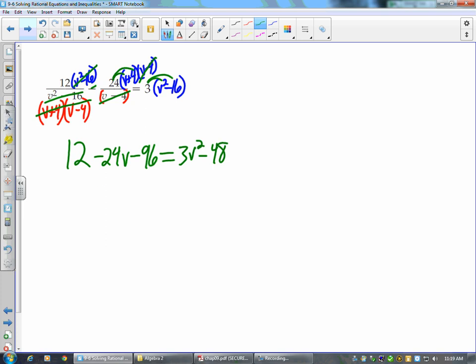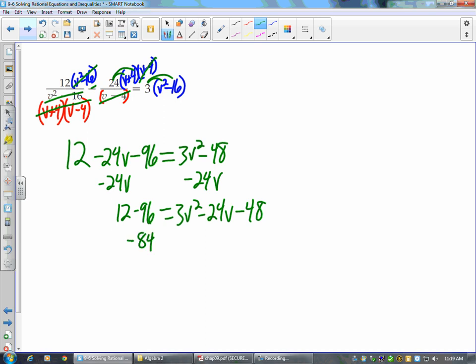I'm going to minus 24v to both sides. That gives me a 12 minus 96 equals 3v squared minus 24v minus 48. We're going to minus 12 minus 96 is a minus 84.